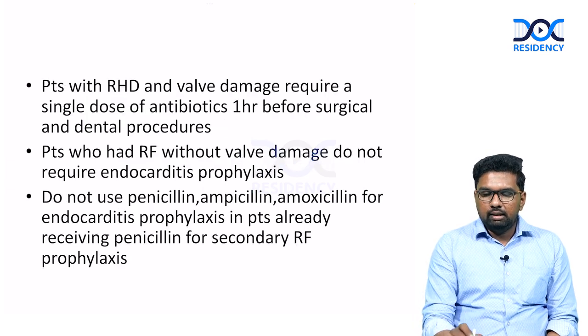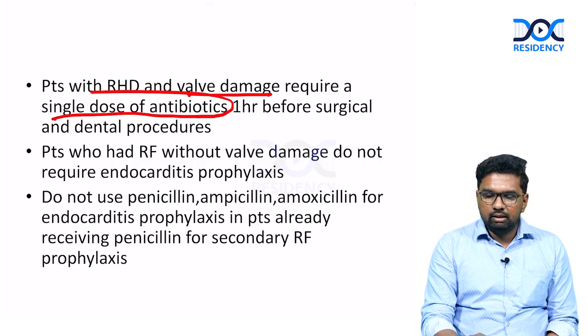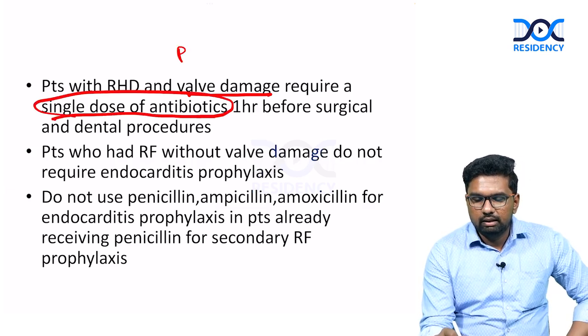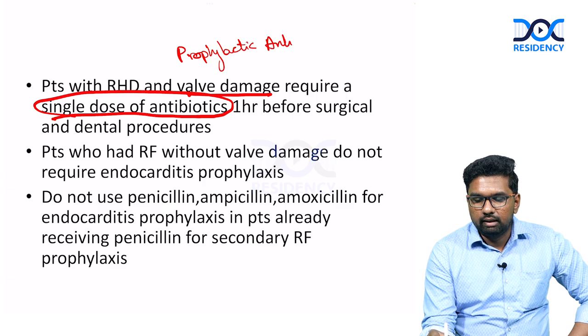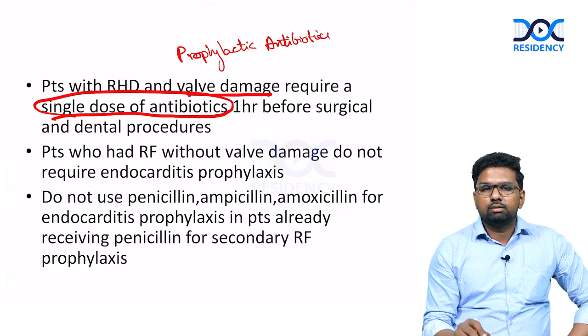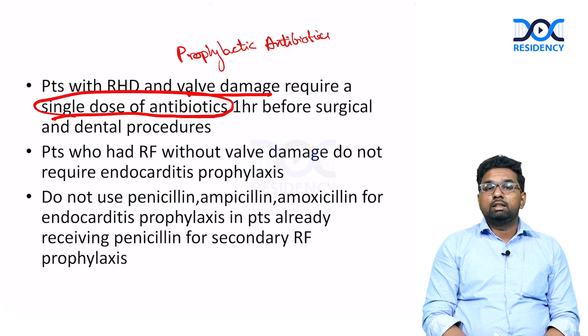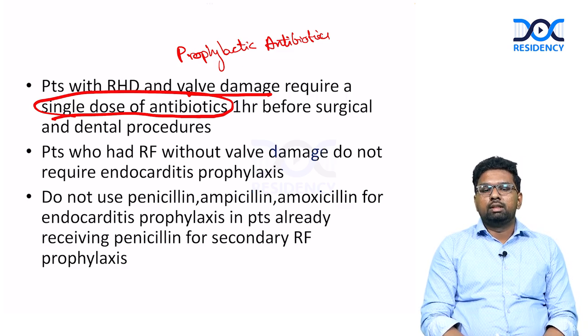Patients with rheumatic heart disease and valve damage require a single dose of antibiotics. This is similar to infective endocarditis prophylaxis. Prophylactic antibiotics are a must for all patients with rheumatic heart disease before any procedure is done.